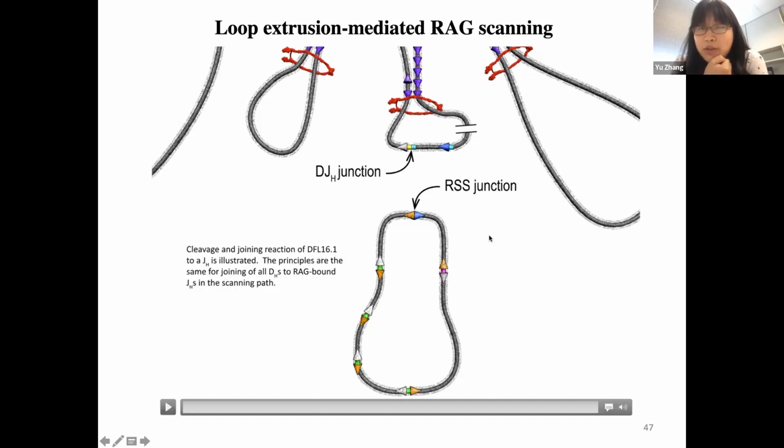But in a special case, if the target is very close to its partner, within, for example, 20 kb, then they can also access each other via diffusion. In this case the activity still remains, but it will abolish most of the recombination across the locus.